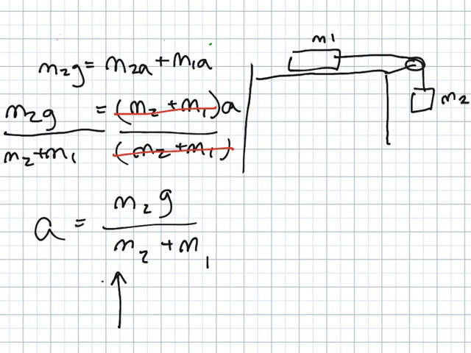Suppose that we cut the string. Zip. And so then what's going to happen to M2? It's going to be in free fall. There will no longer be any tension force acting on it.